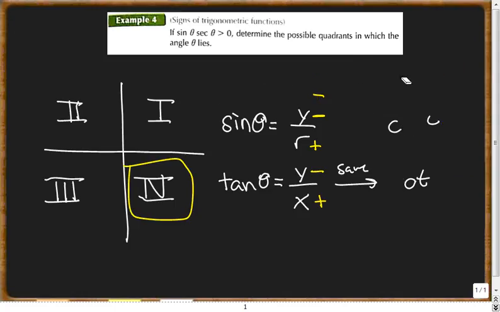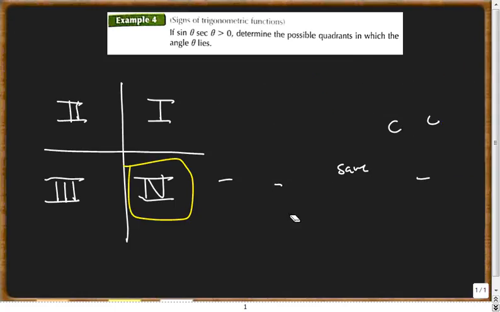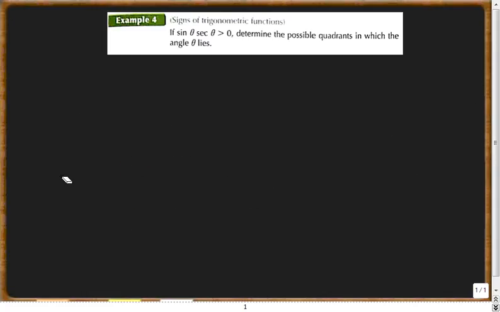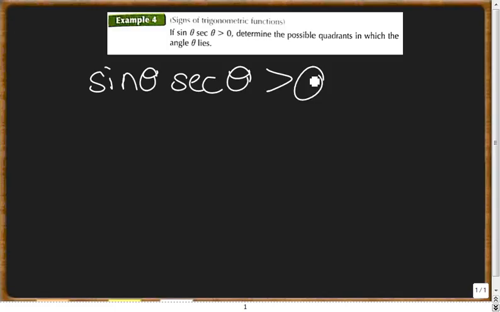So we can use this piece of information to help us out. If we know that sine of theta times secant of theta is greater than 0, we need two numbers that multiply to make a positive number.